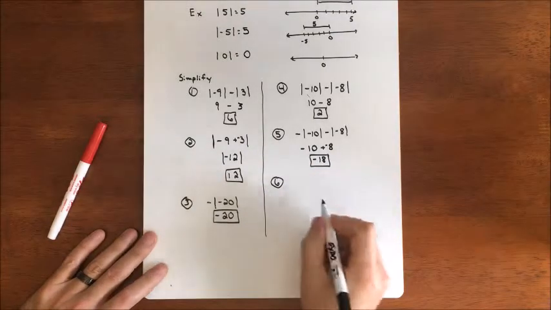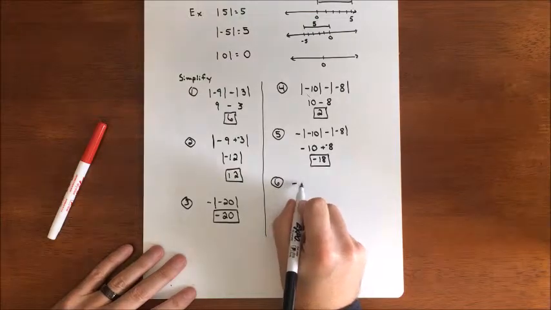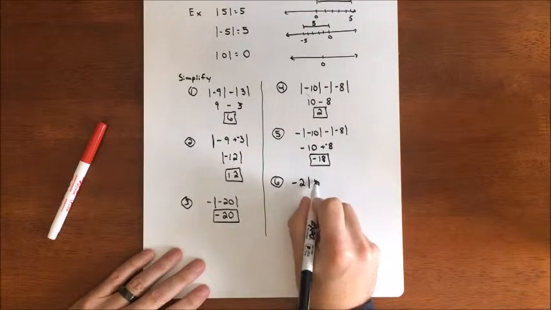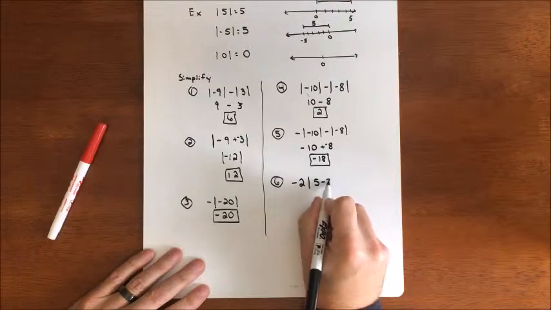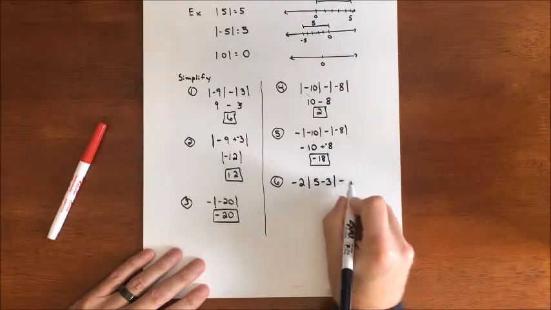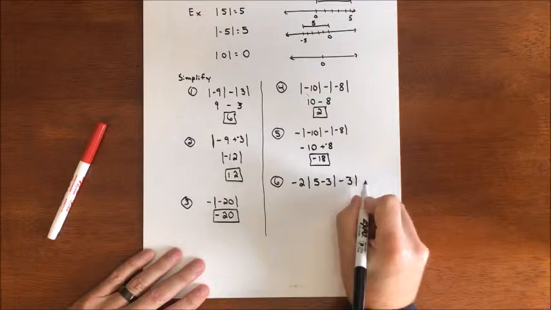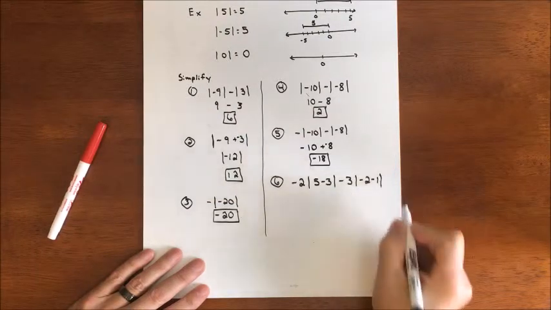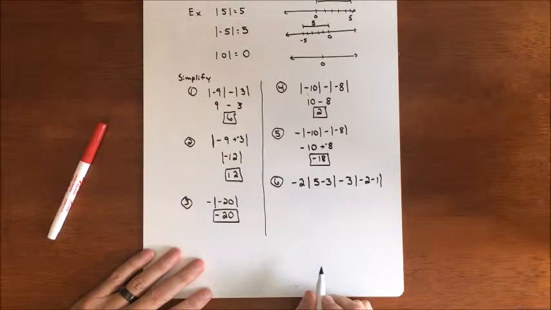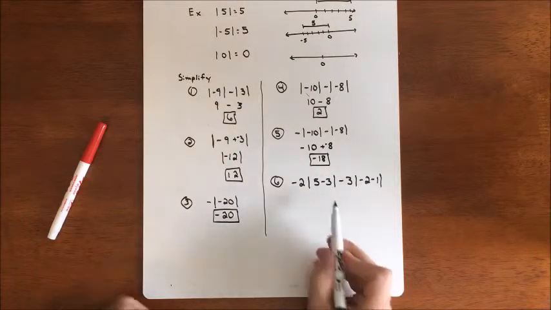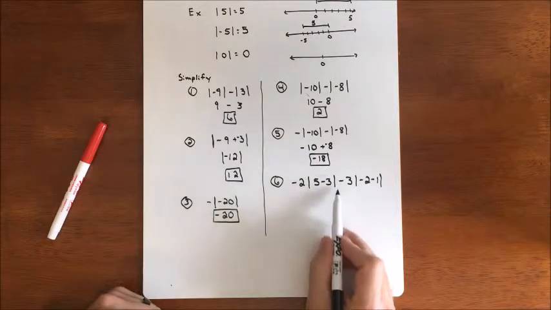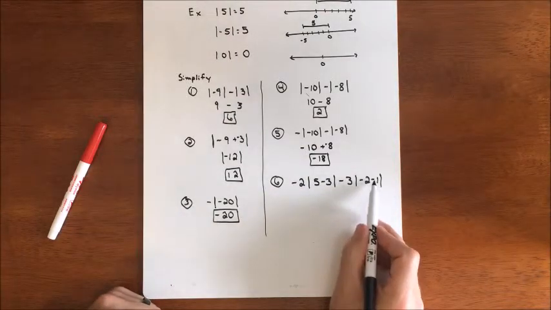One more. So what if you have negative 2 times the absolute value of 5 minus 3, minus 3 times the absolute value of negative 2 minus 1? All right, so we've got a lot going on. Order of operations. Essentially you have parentheses here, and then we'll perform the absolute value after that. Same situation here.